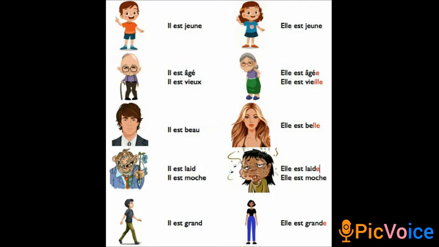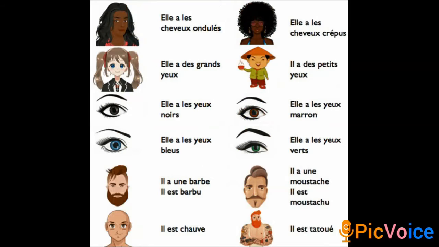And for a girl, elle est belle. Next one, il est laid, il est moche, he is ugly, or she is not nice to see. Next one, he is tall, il est grand, or elle est grande. So these are some hints for you to write a description of a person.